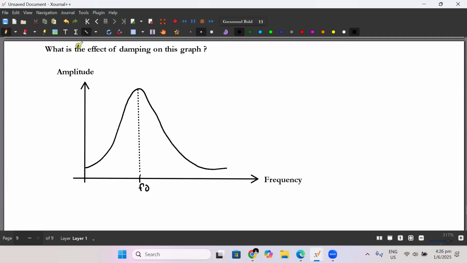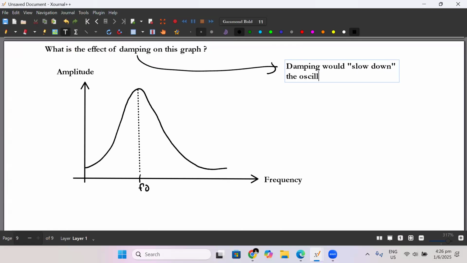Think about it this way. If there's some damping, damping would slow down the oscillation. It's like there's some resistive force, so you take a longer time to complete one cycle.